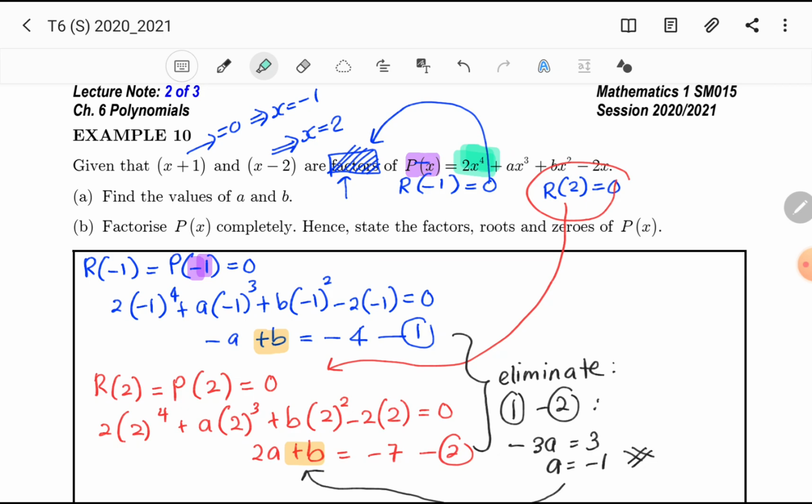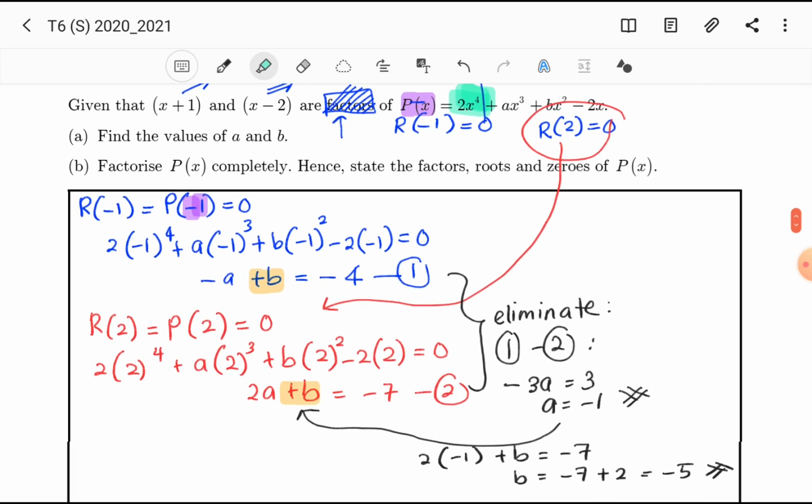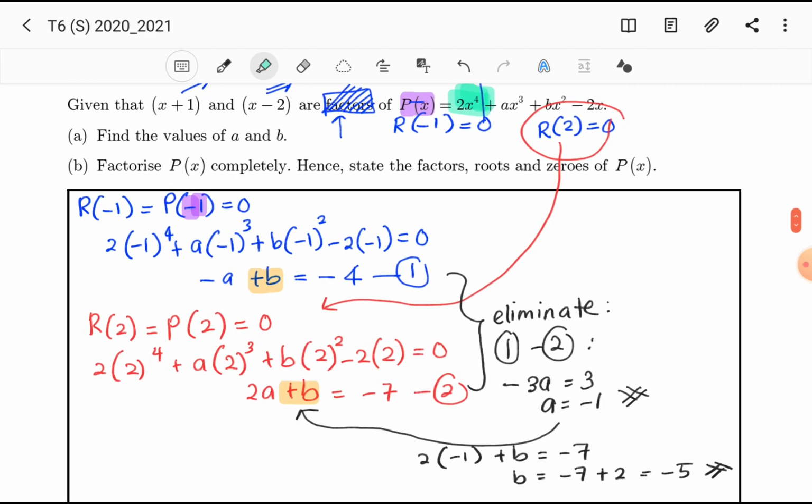So, kalau kuasa 2, kita akan ada 2 factors. But maybe lah, sometimes the factors are repeated. Okay. Kalau kuasa 3, kena ada 3 factors, 3 roots, 3 zeros. So, kalau kuasa 4, kita kena ada 4 factors, 4 roots, 4 zeros.